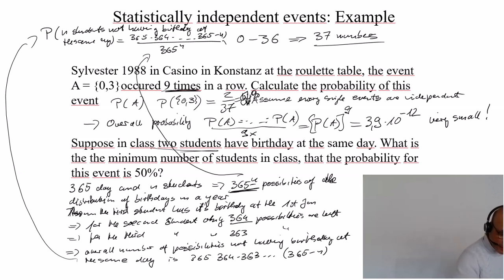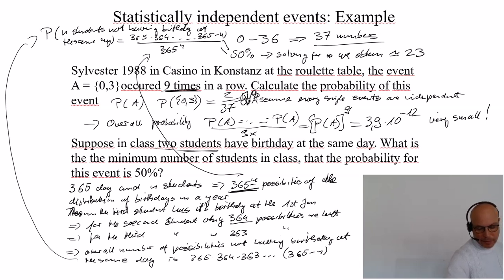and this we set then to 50%, and solving for n, we obtain 23.